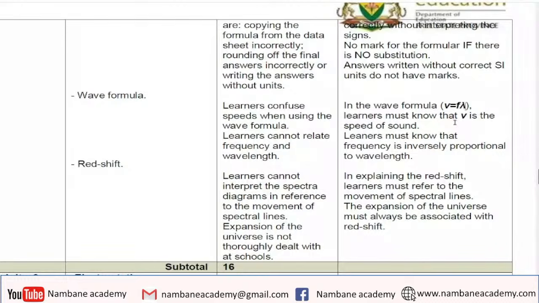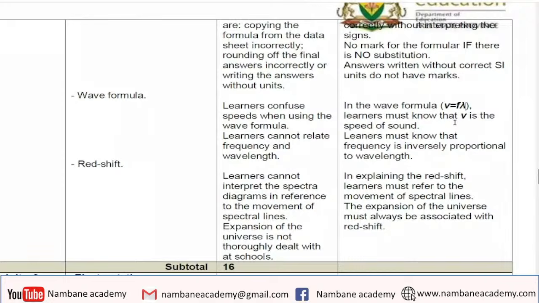You will see where from one spectrum to the other spectrum, these spectral lines, the lines in between, have shifted maybe towards the end. In fact, for expansion of the universe, they must shift towards the red end. Then in your explanation, you must say the spectral lines shift to the red end.